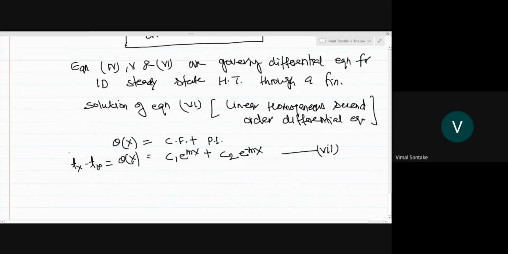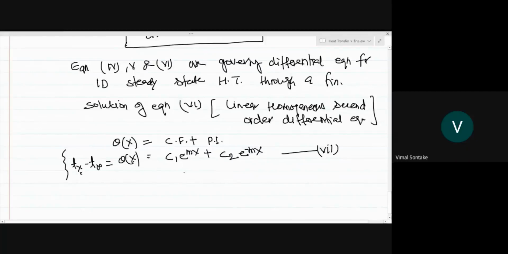So the significance of equation 7 is, with the help of equation number 7, if I put the value of x anything between x equal to 0 to x equal to L, that is the length of the fin, I will get the temperature at that particular distance.